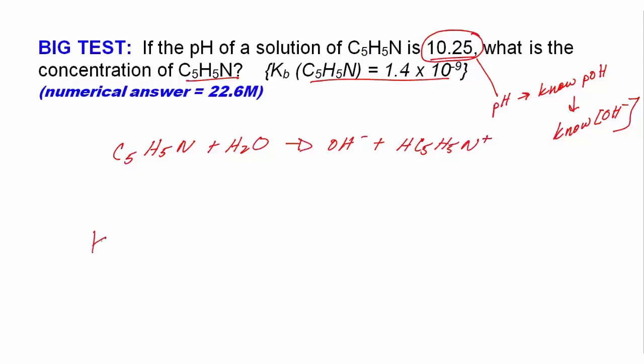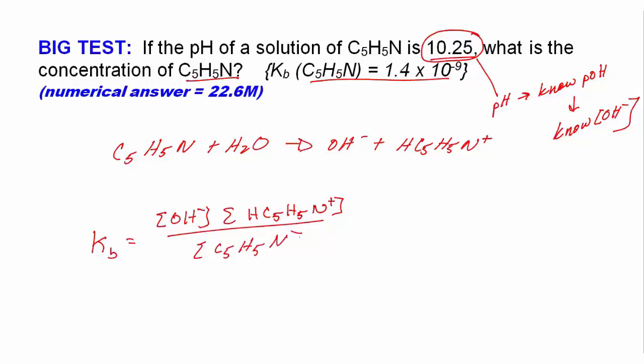So my Kb expression, products over reactants, hydroxide, conjugate acid, all over concentration of the weak base, pyridine. Okay? So we know the concentration of hydroxide.